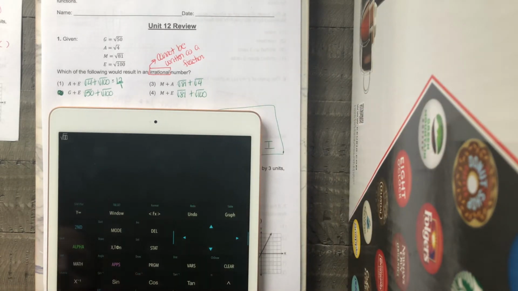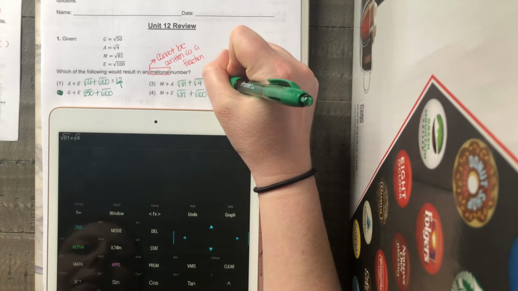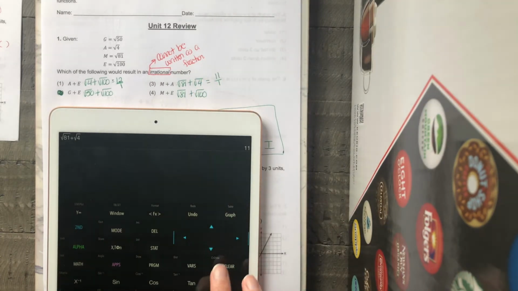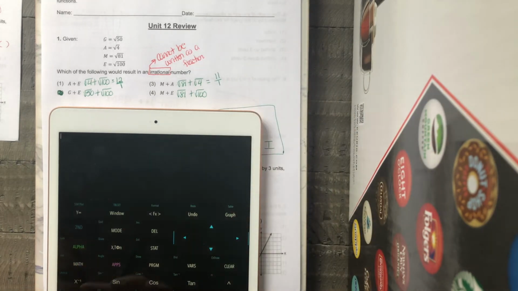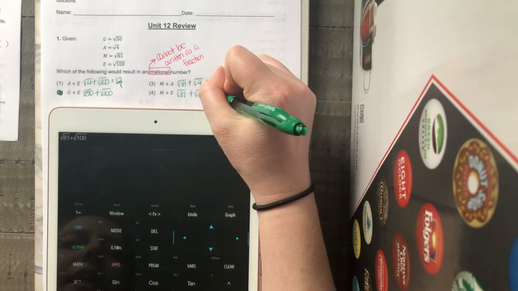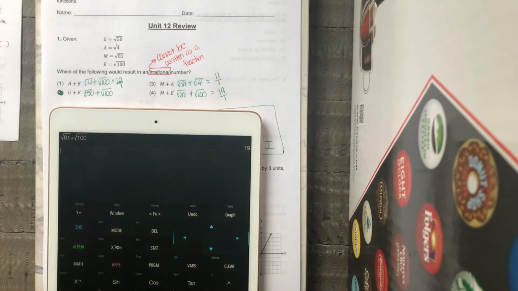So if I do the square root of 81 plus the square root of 4, press enter, I get the whole number 11. And again, I can place 11 over 1. So that is written as a fraction. I'm looking for what not is a fraction, okay? So now I have the square root of 81 and then plus the square root of 100. And then again, I'm getting the whole number 19. And again, 19 can be placed over 1, so I know it is rational.